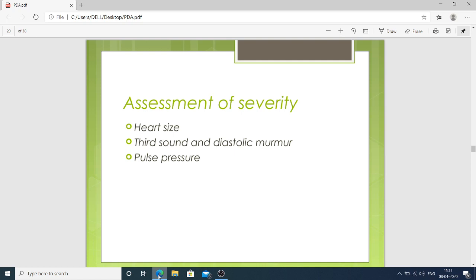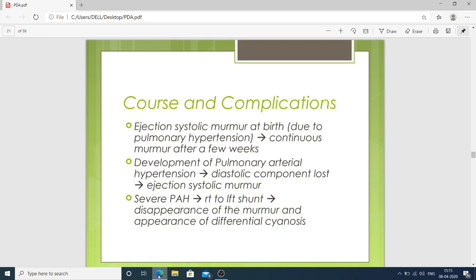Then assessment of severity: it depends upon the heart size, third sound and diastolic murmur, along with pulse pressure. Next is course and complications. Ejection systolic murmur at birth due to pulmonary hypertension, and continuous murmur after a few weeks, till the patent ductus arteriosus naturally closes.